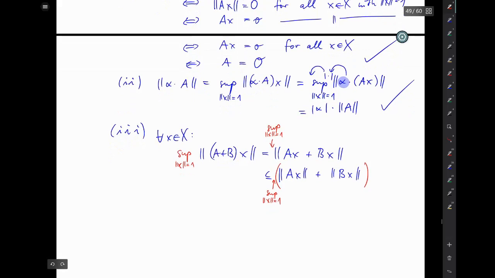But then in this last expression you can of course further improve or increase the gap by putting the supremum separately in front of every term, norm of Ax and norm of Bx.